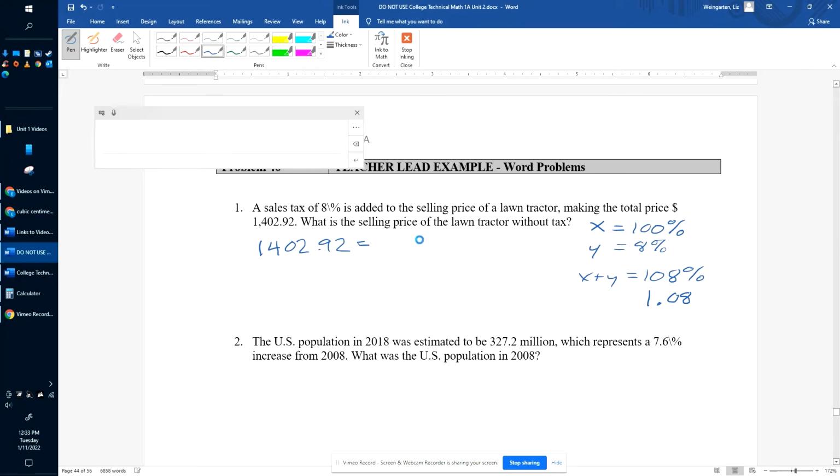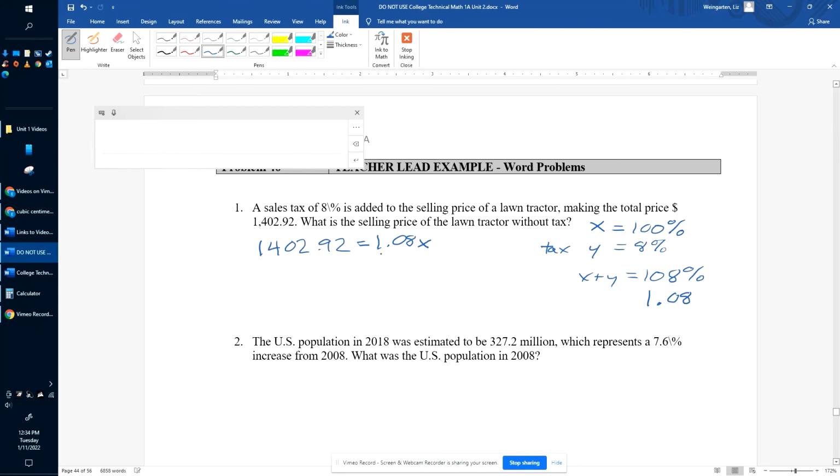If we multiply our base times 108%, we're going to get this number. So 1.08 as a decimal, times our base, which we don't know what it is, is going to give us $1,402.92. So X is our base, Y is our tax, but we know that both together are 108%.